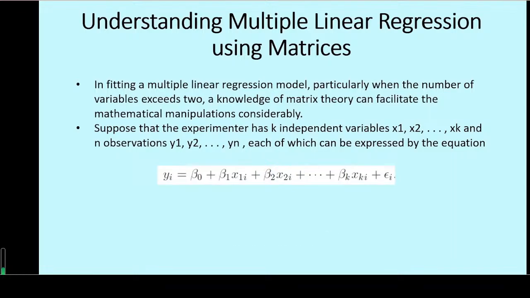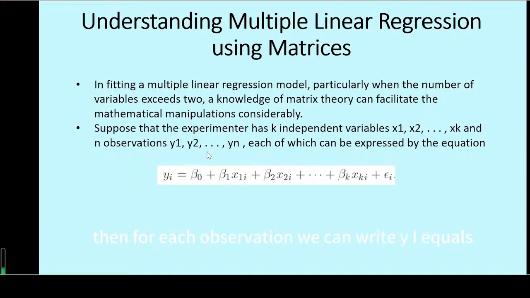In this video, we will talk about estimating a linear regression model using matrices. In a multiple linear regression model, when the number of independent variables exceeds 2, you have to use matrix knowledge to understand the regression estimation in detail. Say in a model there are k independent variables, x1 to xk, and n observations, y1 to yn.